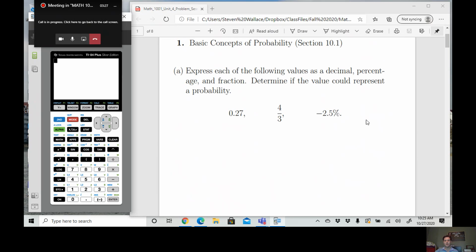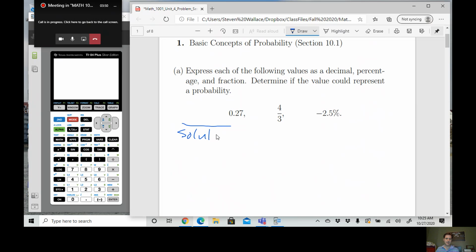Anyway, what you might have noticed about probability is that since it's a ratio of a subset of something divided by the total possible things, you can't get a number that's negative or bigger than 1.